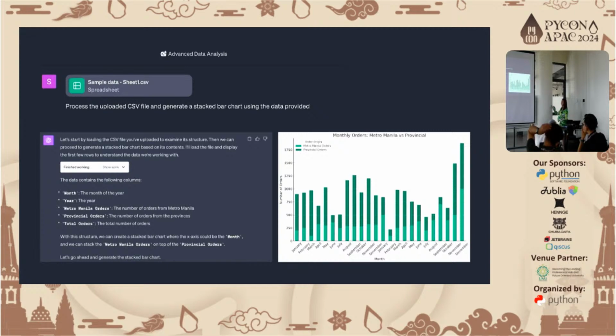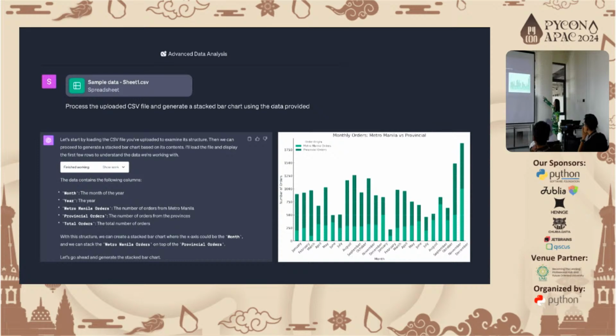But actually, in these tools, you could also come up with data visualizations, flowcharts, and whatnot. Here, you could see that I uploaded a simple CSV file which laid out the number of orders, the dates, and so on. And on the left, you could see that the AI tool was able to analyze all of the data points really easily. It was outputted in a matter of seconds.